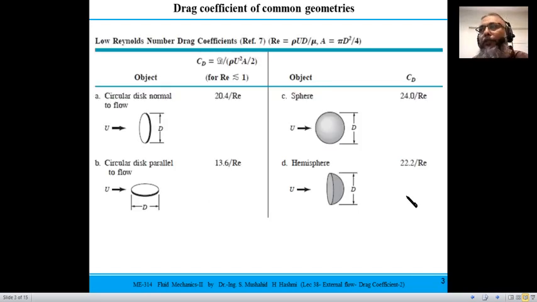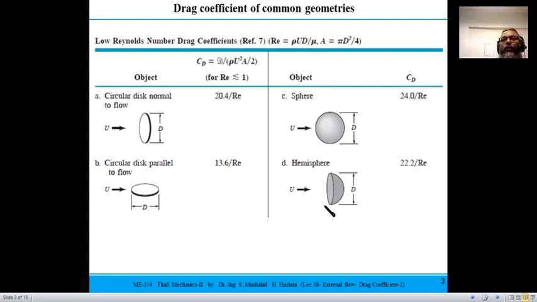So we look into this table here. What we see is the low Reynolds number drag coefficient, which essentially says that the value of the drag coefficient is 20.4 over Reynolds number for this particular geometry, valid only for low Reynolds number.